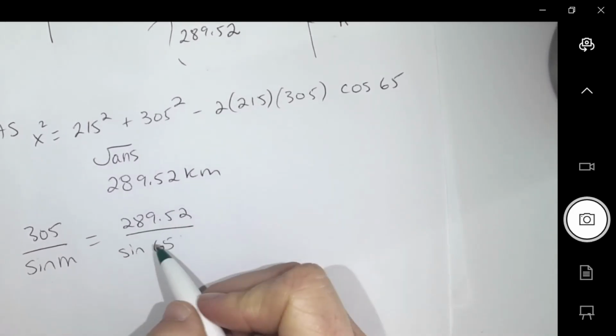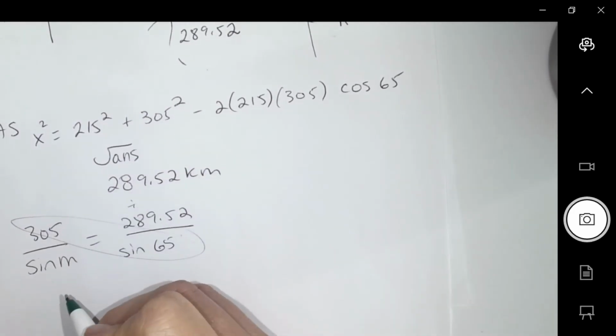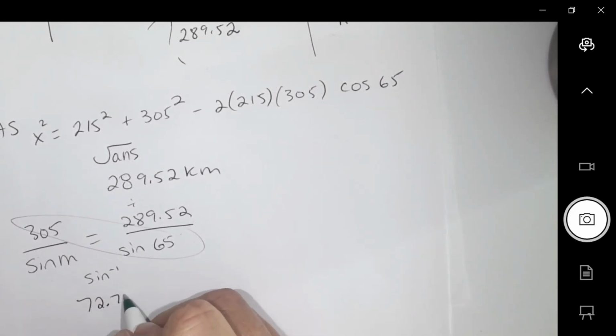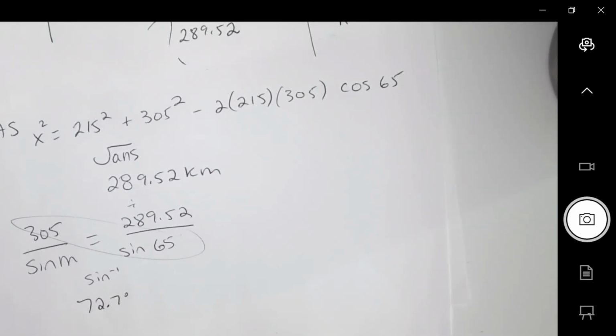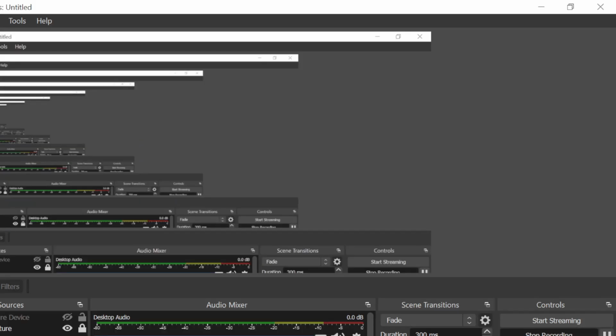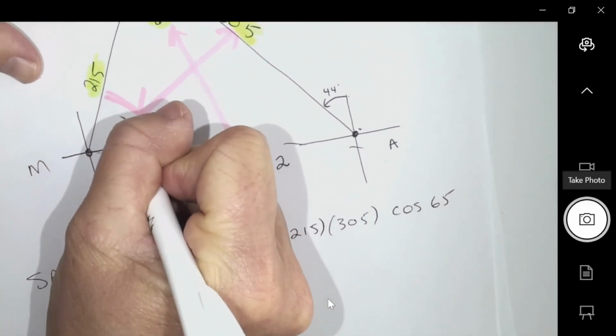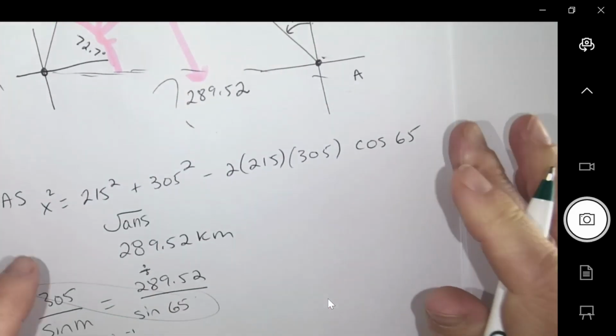Okay, we're going to have a times, divide, and an inverse, right? When you get an angle, so times, divide, and inverse. Okay, so this is 72.7 degrees in that triangle.